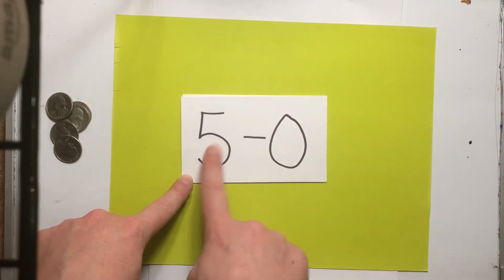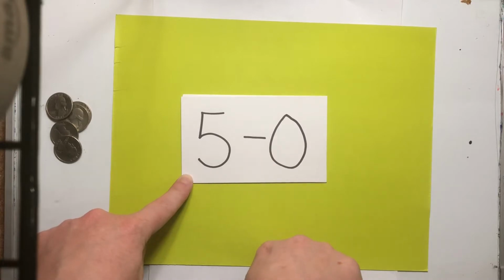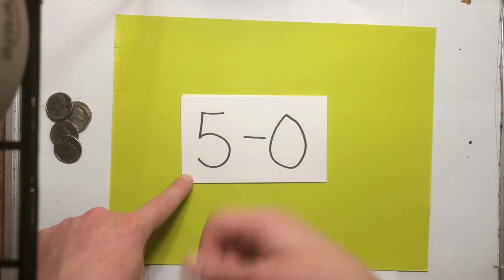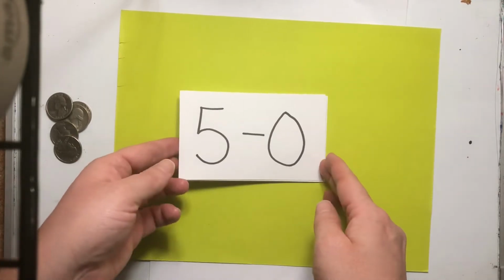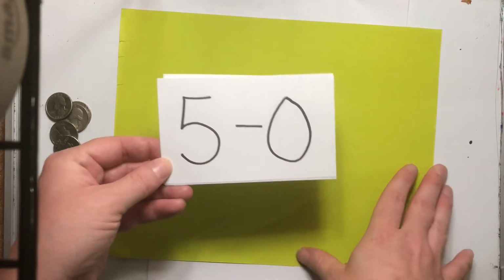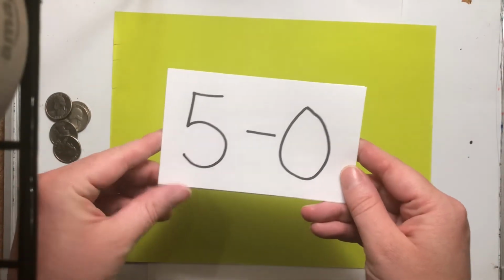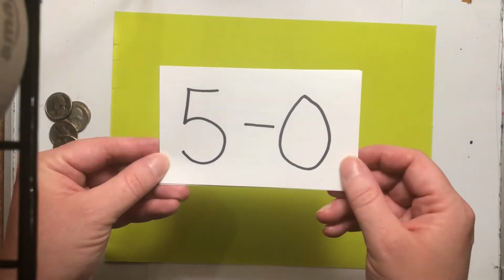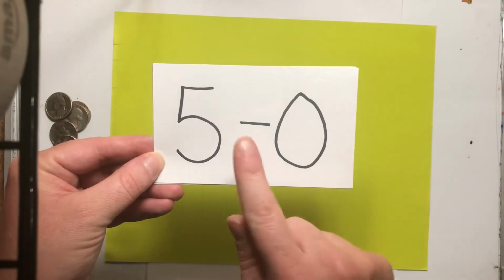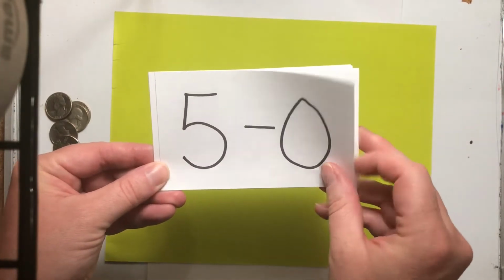So I would say 5 minus 0. Do you know what 5 minus 0 is? Yeah, it's still 5 because I didn't take anything away. So that's what we're going to do with these cards. I'm going to go through them, we'll practice saying them together, and then you can watch this part of the video, or you can watch the fun facts that are going to be up on our website, okay? So we'll start with 5 minus 0 equals 5.